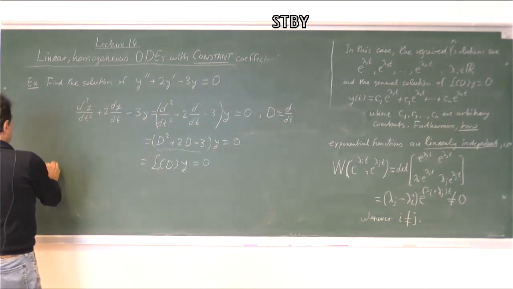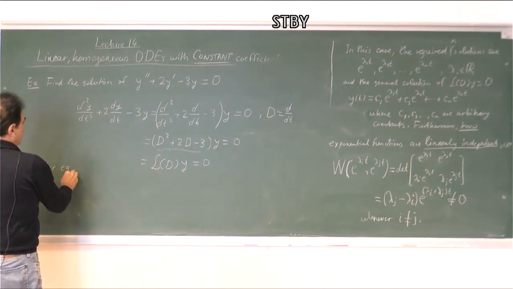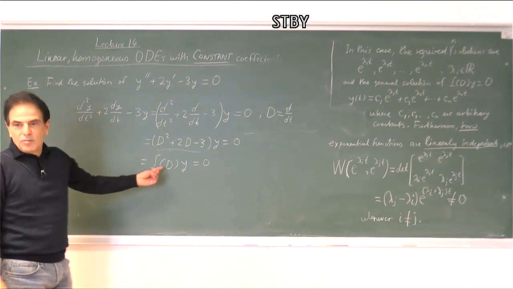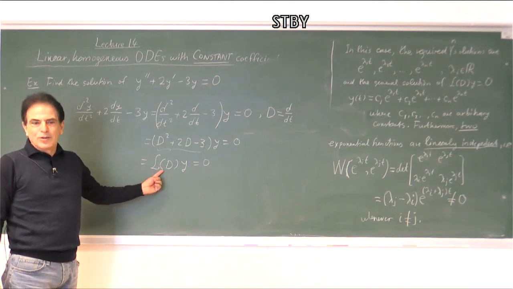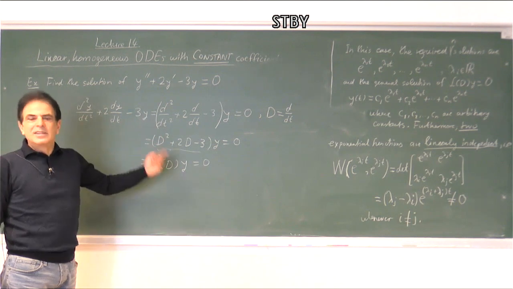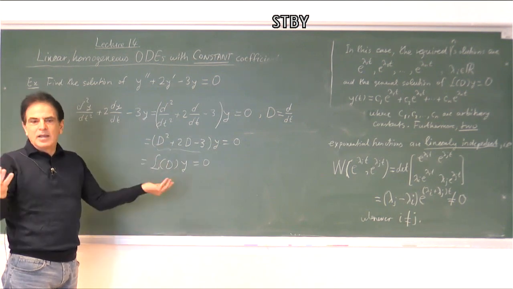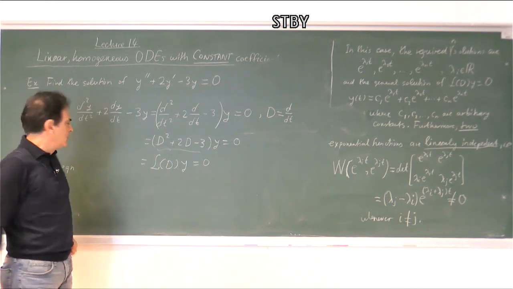So the characteristic equation can be obtained from L of d on replacing the operator d by a number lambda.